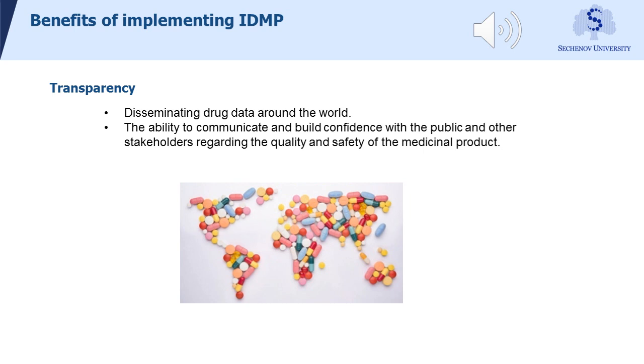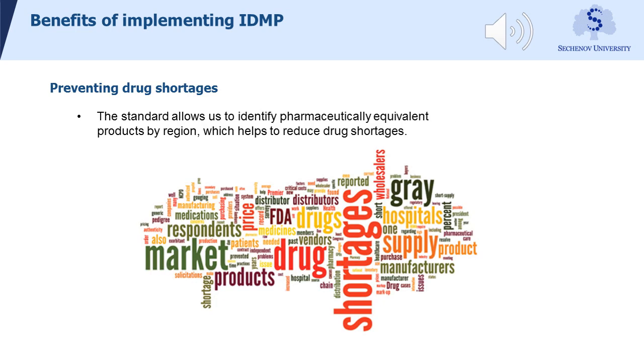This will increase overall transparency of medical product using and help to communicate and build confidence with the public and other stakeholders regarding the quality and safety of the medical product. In future, it will help to prevent drug shortages.